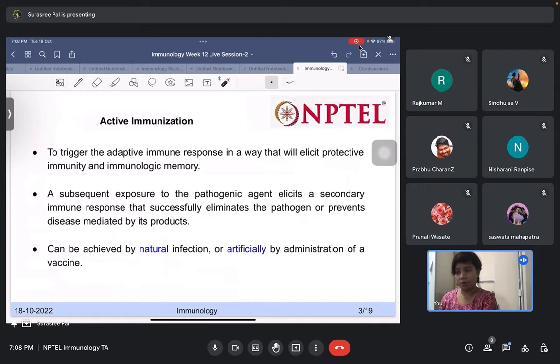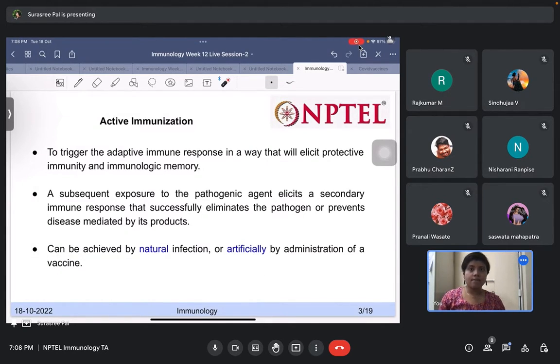Or active immunization can also be achieved artificially by administration of a vaccine. So now we have come to this point where a vaccine is used, and vaccines are what?